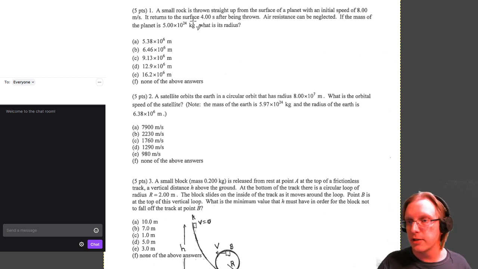Goes up with the speed, comes back after a certain amount of time. That would imply a velocity? Yes. That would imply an acceleration. So we bust out some kinematics.